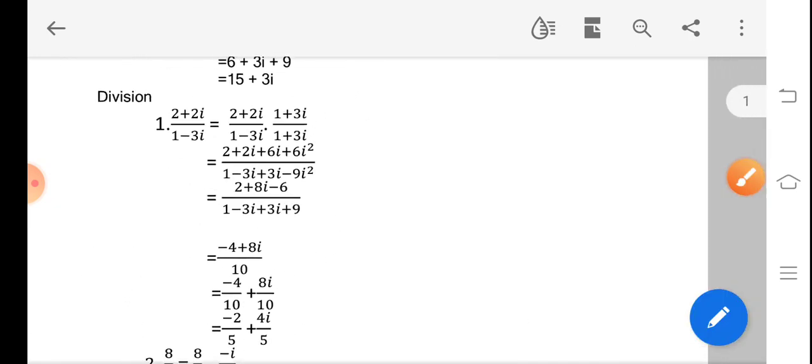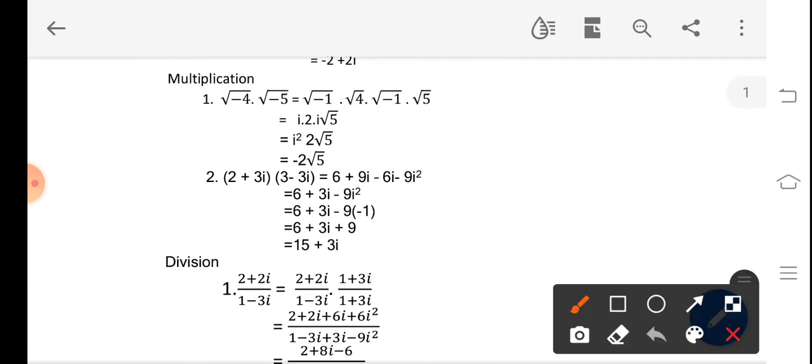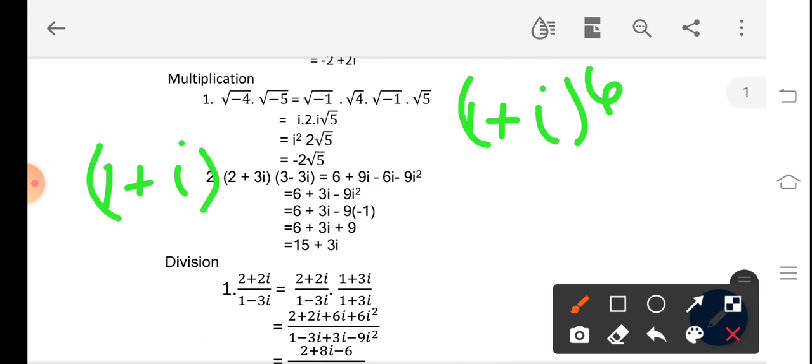Now what if we have 1 plus i raised to the 6th power? To make it easier to solve, we can factor it. So we have 1 plus i squared, raised to 3.